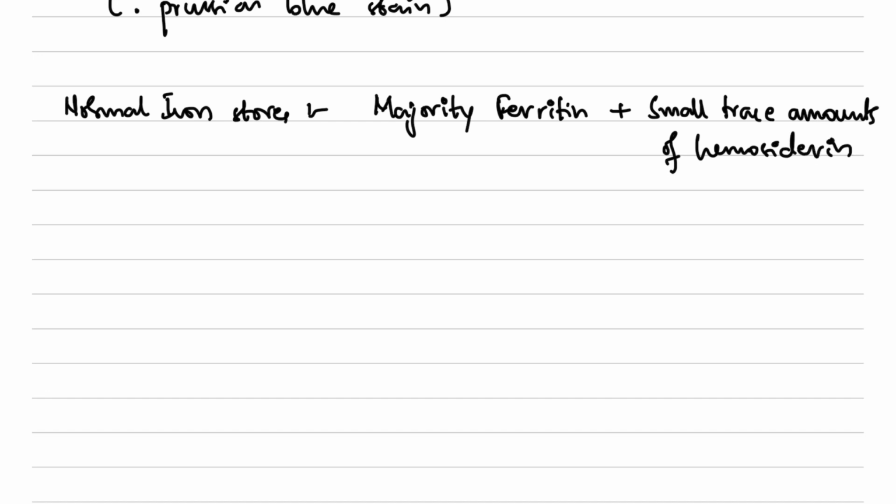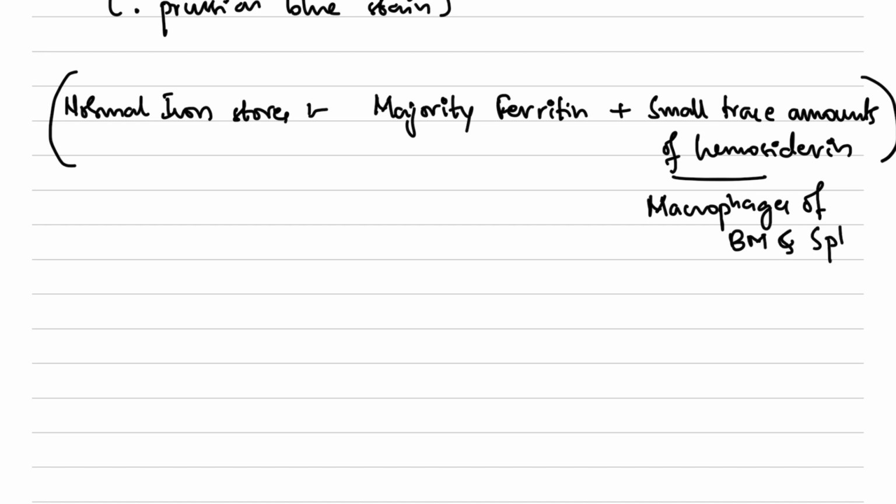This is how the normal iron stores are in the human body, and these small traces of hemosiderin will also be there in the macrophages of bone marrow and spleen. Okay, this is the normal iron stores.